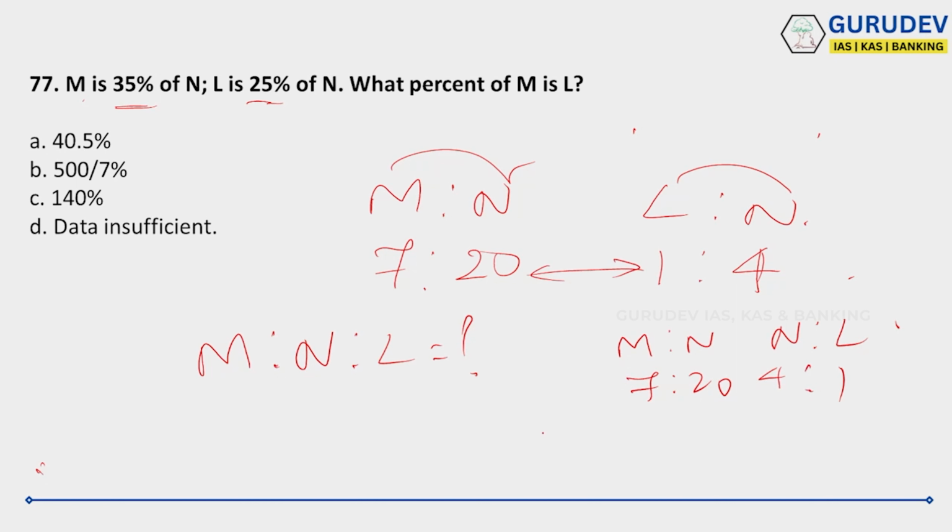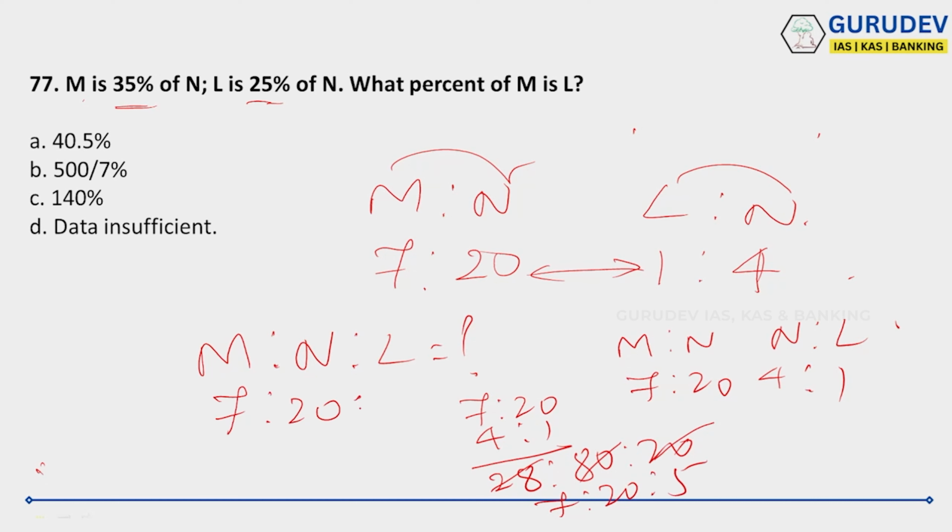If I want to determine M is to N is to L, this is the fundamental: 7 is to 20, and 4 is to 1. 7 fours is 28, 20 fours is 80, 1 twenty is 20. If I simplify further, 28 divided by 4 is 7, 80 divided by 4 is 20, 20 divided by 4 is 5. That means 7 is to 20 is to 5.